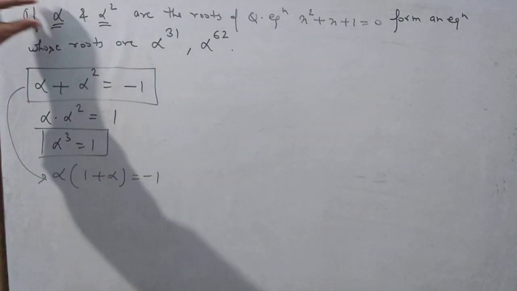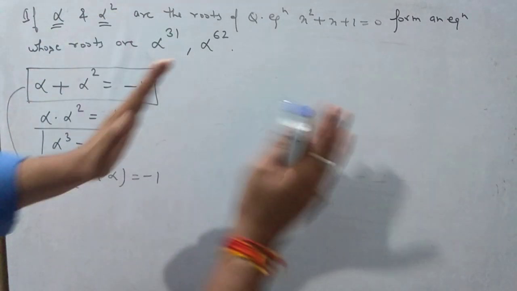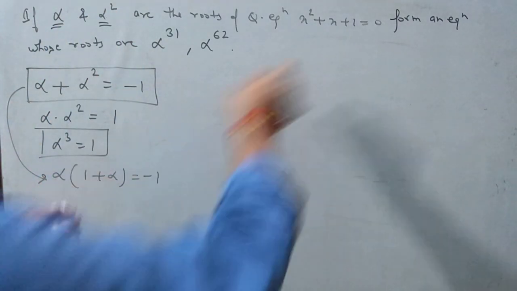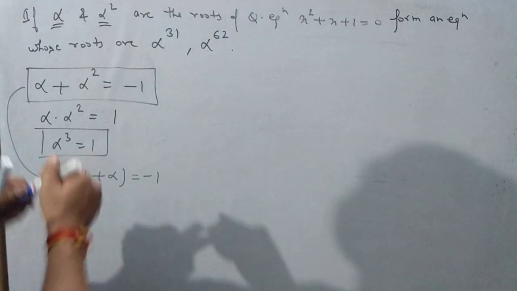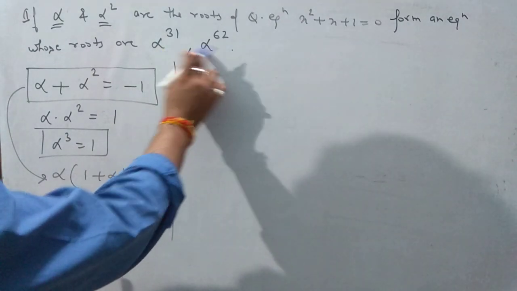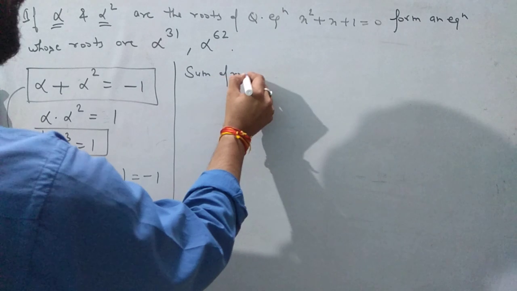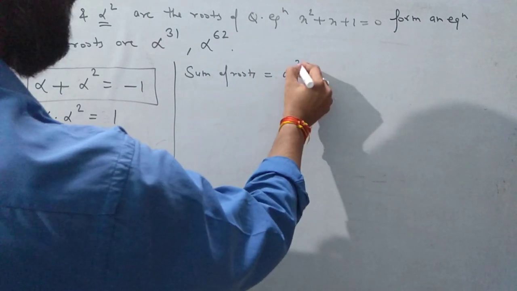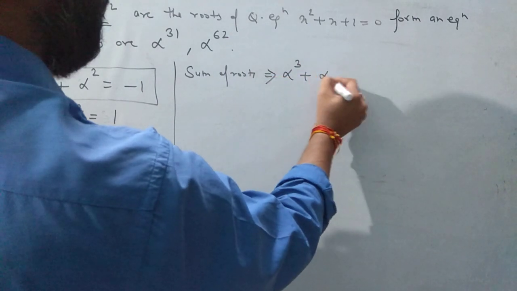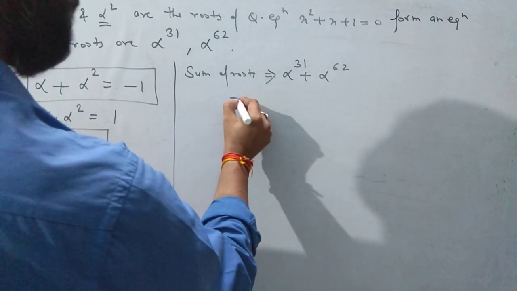Whenever the equation and roots are given, first we find the sum and product with the help of the given equation. After that we form an equation whose roots are this and this. So first we find the sum of roots, that is alpha to the power 31 plus alpha to the power 62.